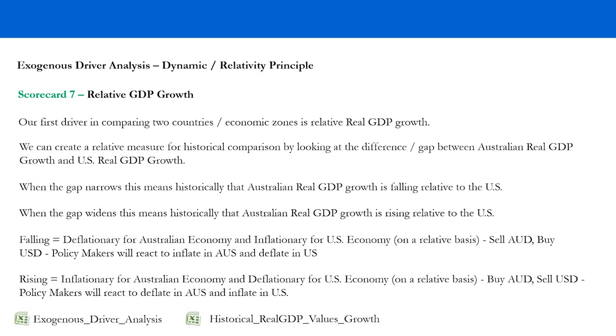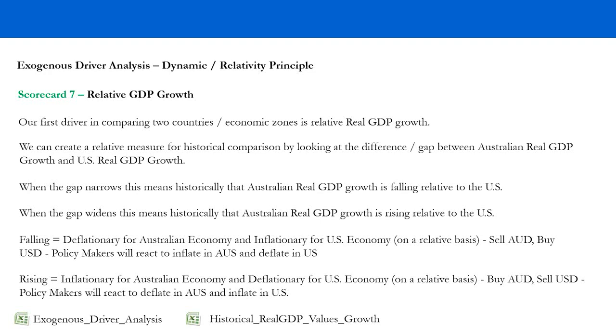So we look at the two countries or economic zones in relative GDP growth terms. How fast is Australia growing compared to the United States? How fast is the United States growing compared to Australia? When you think of this in terms of the absolute principle and the dynamic principle, if we looked at the United States alone, we could get a gauge on the value of a currency from its indicators pointing towards economic growth.